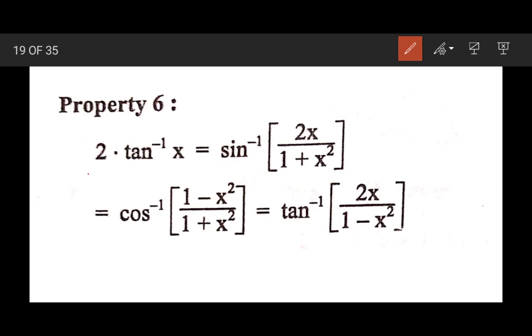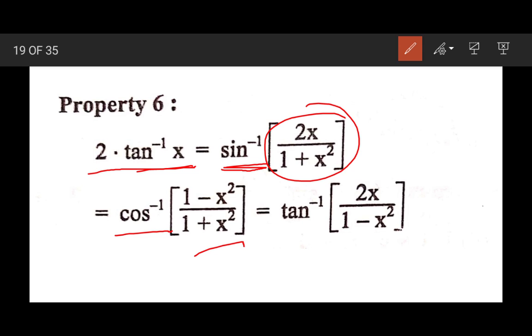Property 6 is about 2 into tan inverse x: you can write it in terms of sin inverse as 2x upon 1 plus x square, in terms of cos inverse as 1 minus x square upon 1 plus x square, and in terms of tan inverse as 2x upon 1 minus x square.